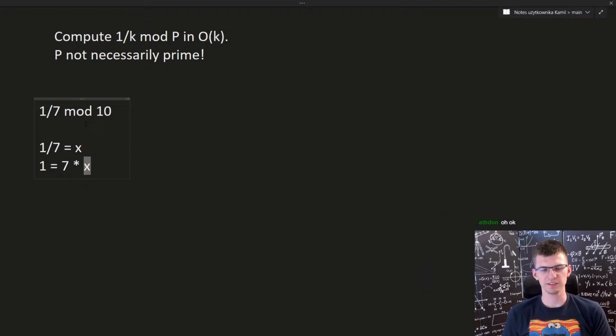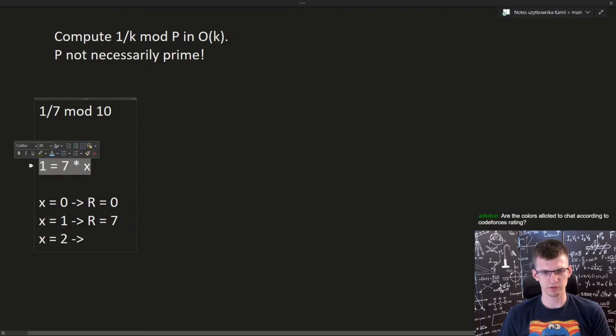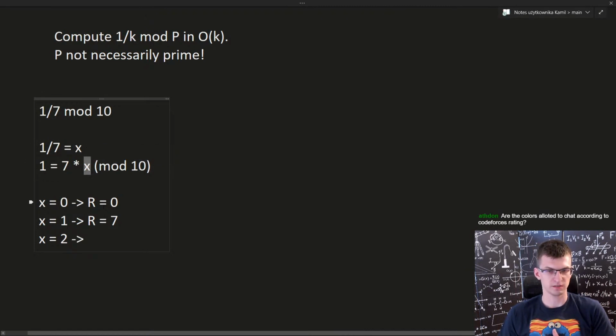Well, you can iterate. If x is 0, then the right side is 0. If x is 1, the right side is 7. I want to satisfy this modulo 10, and I try various x's, because I don't know what x is.